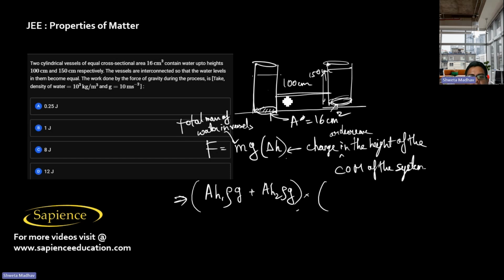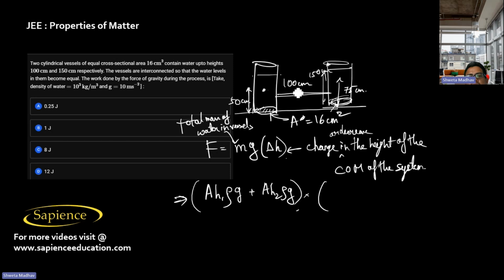So initially the center of mass of the water in this vessel was at 50 centimeter height, and here the center of mass was at 75 centimeter height.